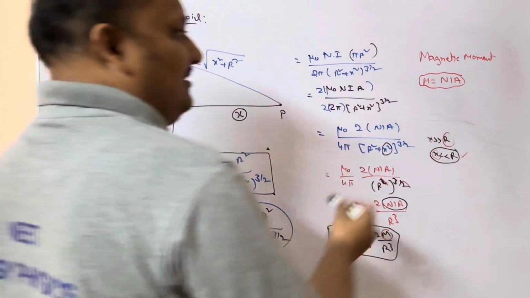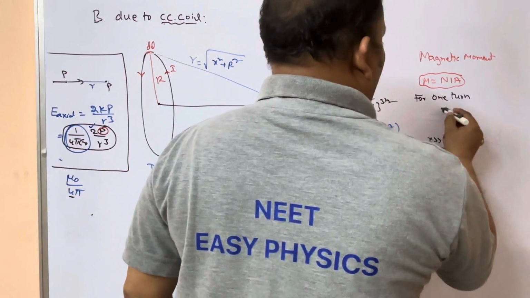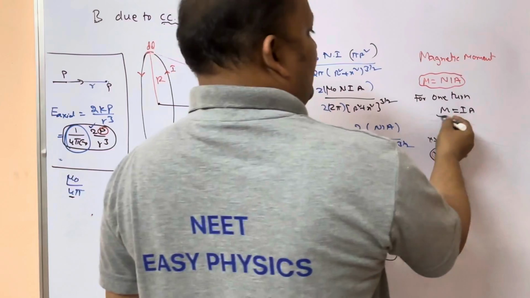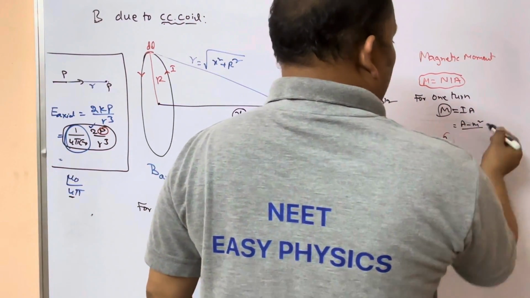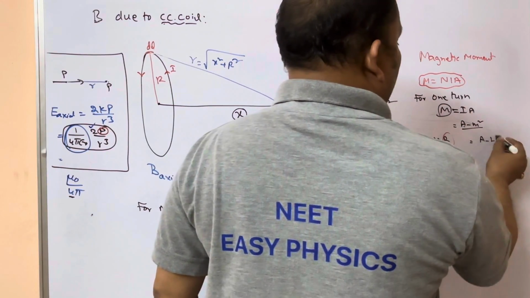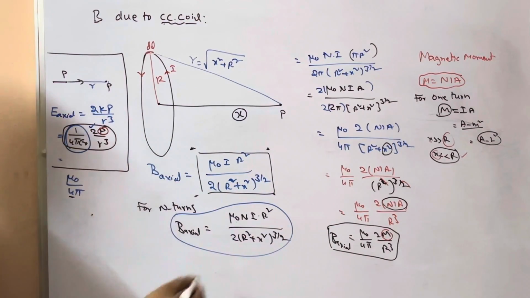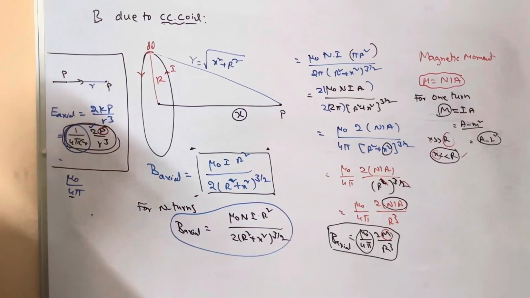So, for 1 turn, M is equal to IA. Current into area gives magnetic moment. Unit is ampere meter square. Dimension formula is ampere current meter square, L square is the dimensional formula of magnetic moment. So, similar to this equation, this is the formula if you compare.